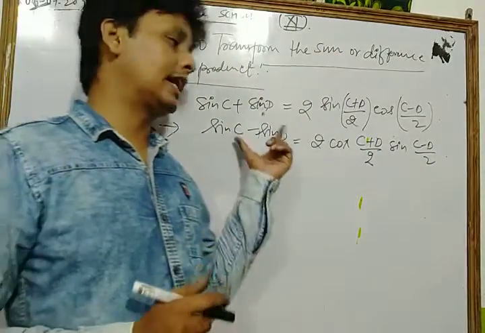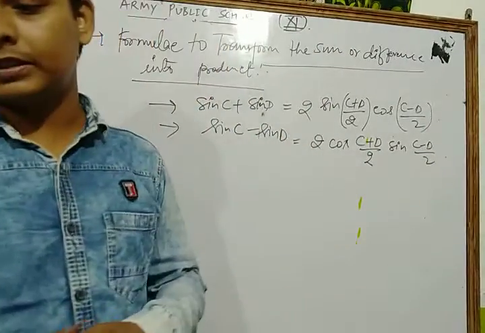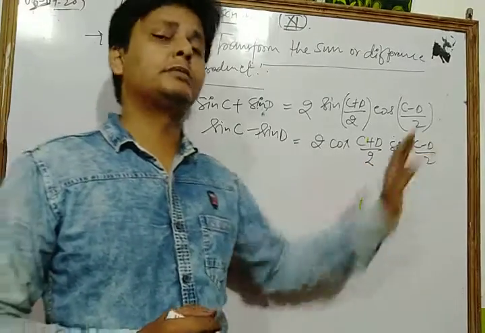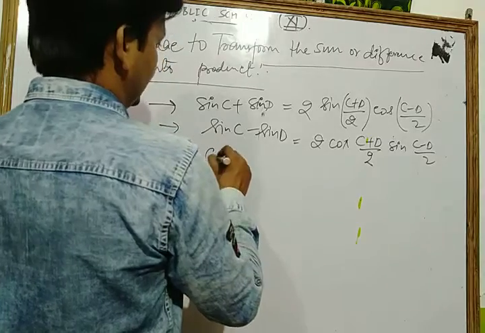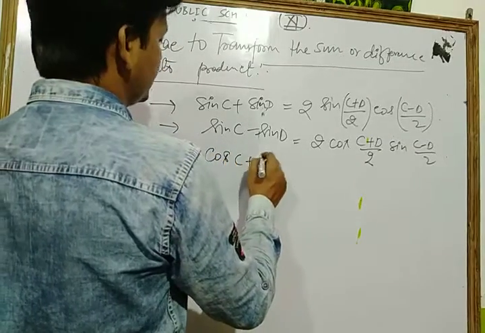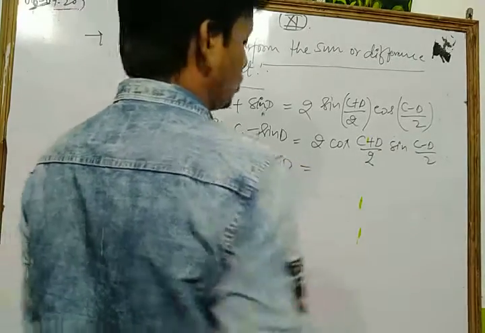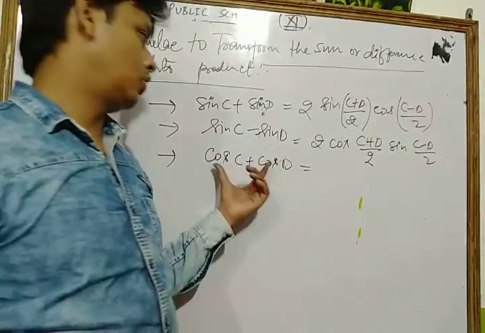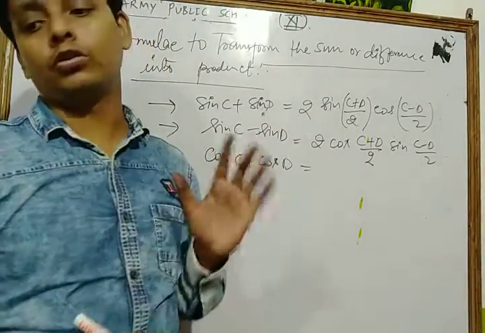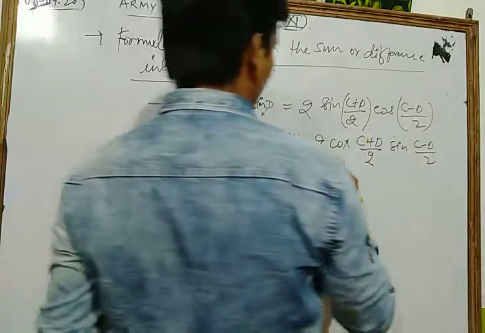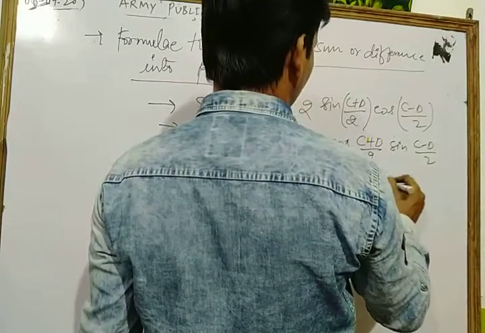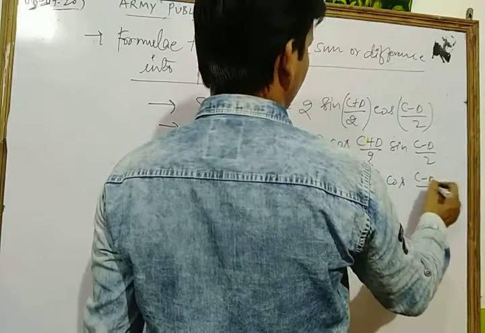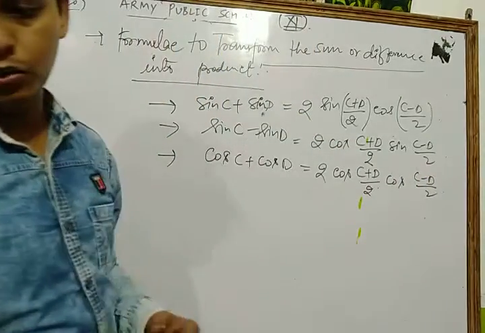This is the formula for sin C minus sin D. Okay, now next one, cos C plus cos D, all in cosine. Okay, that is 2 cos (C plus D) by 2 into cos (C minus D) by 2.